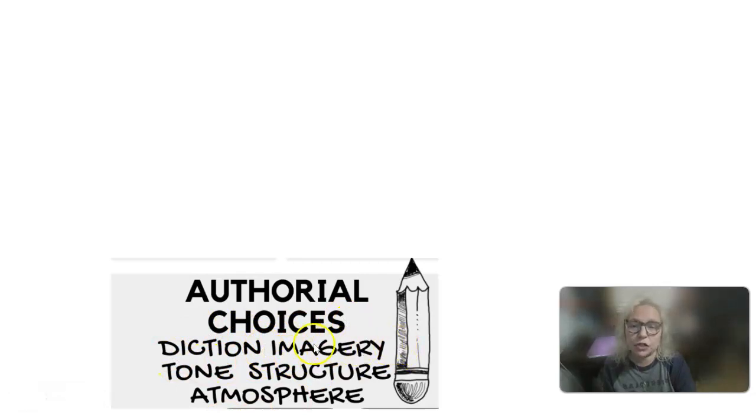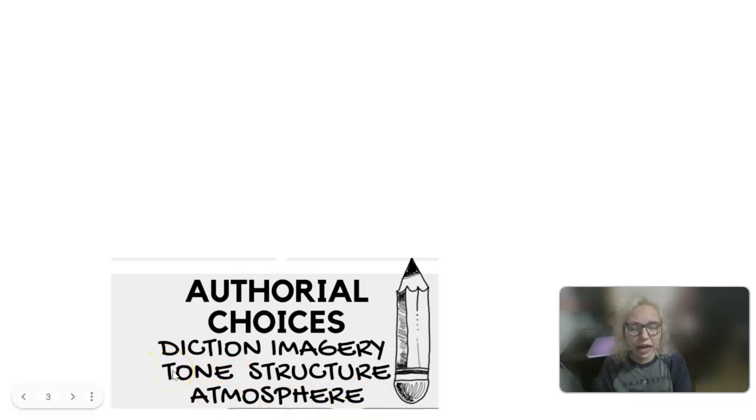The imagery used. Imagery is the evocation of one or more of the five senses. Tone, the speaker's attitude. Structure, how words are organized into sentences. That's syntax. How sentences are organized into paragraphs, how paragraphs are organized into chapters, chapters into the book, etc. And atmosphere, which is the feeling created usually through description. It's closely connected to mood.